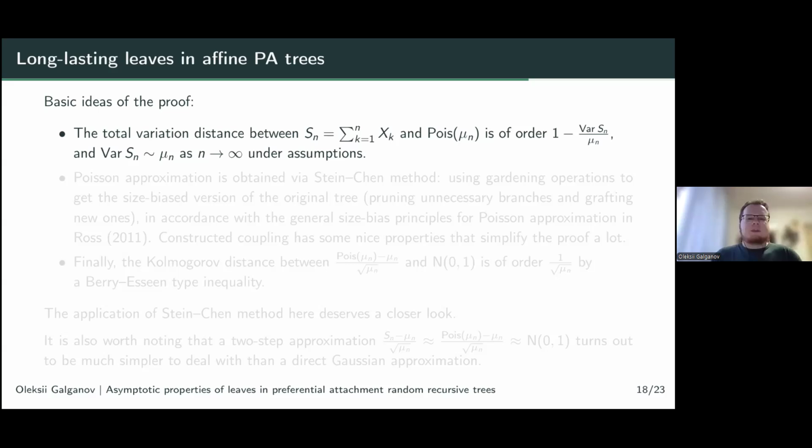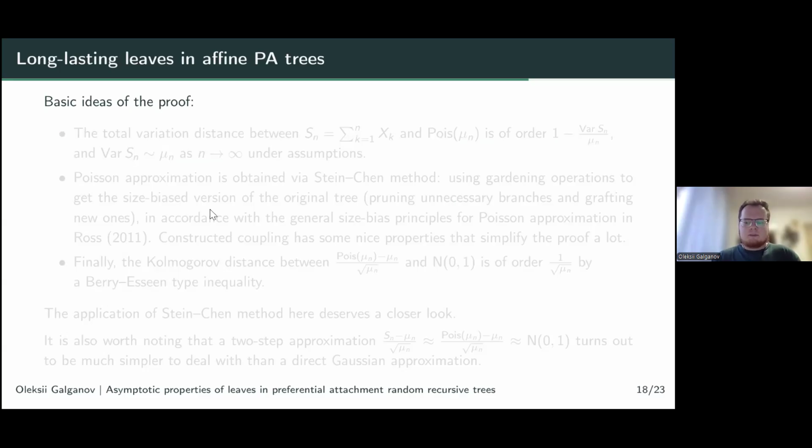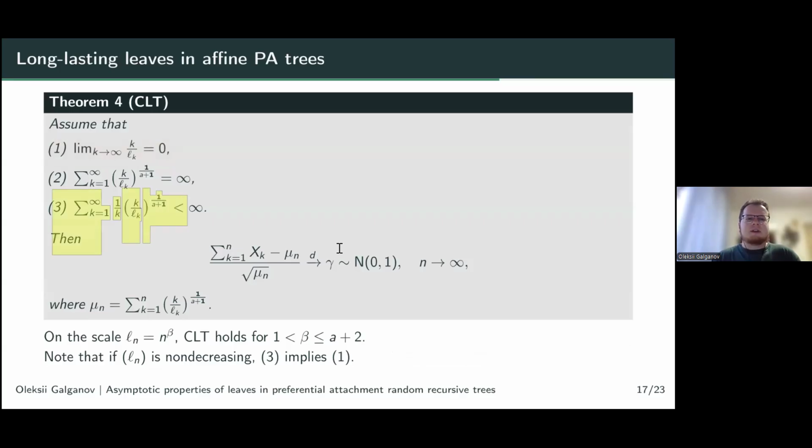And we prove that under assumptions the variance grows asymptotically the same as the mean. To be exact, this condition is the one that guarantees that this indeed happens.